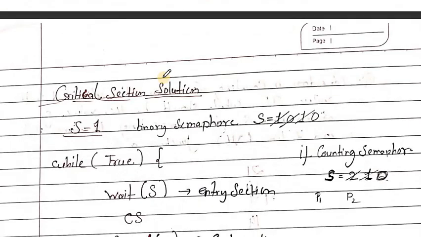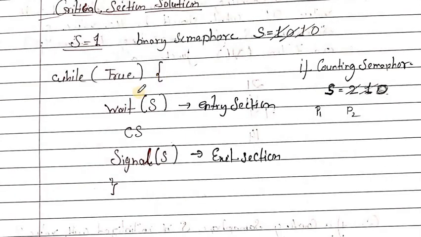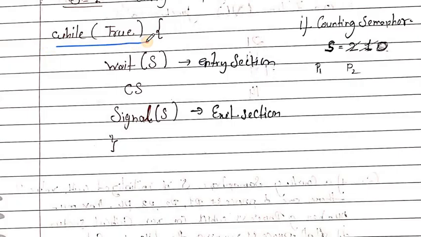Now, the solution of the critical section. Here is a while true loop, where process P0 enters the function to execute the critical section. Here we applied wait in the entry section of the critical section and signal in the exit section.